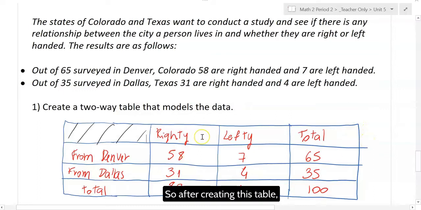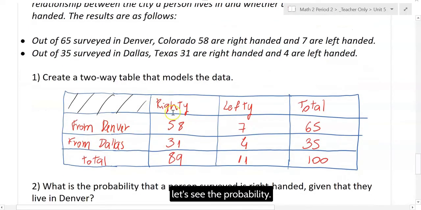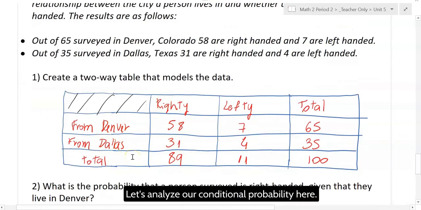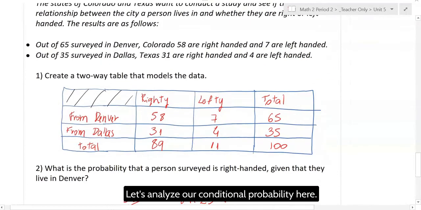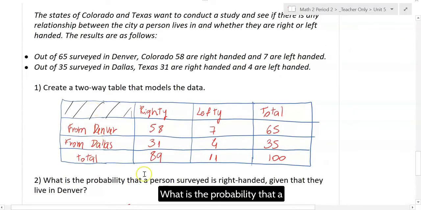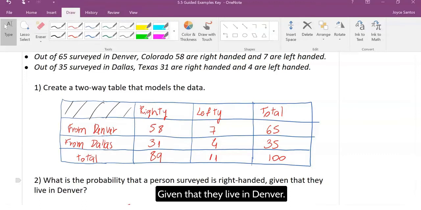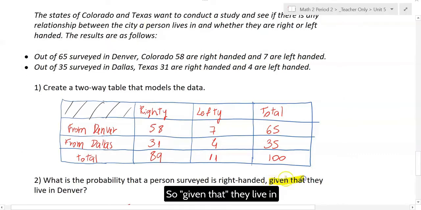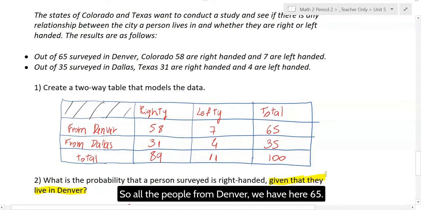So after creating this table, let's analyze our conditional probability here. Two questions. What is the probability that a person surveyed is right-handed given that they live in Denver? So given that they live in Denver, this is our denominator. All the people from Denver, we have here 65.